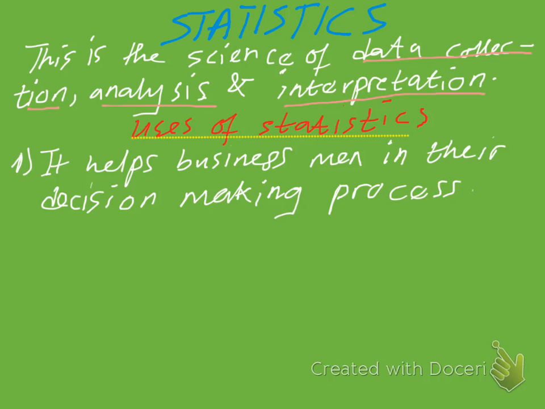Production is based on demand. Supply is based on demand. So data collected, analyzed and interpreted gives information on the demand of that portion of the market you are taking. So the producer or the businessman decides on what is more profitable. Businessmen, their main aim is profit. So for a businessman, statistical data is very useful.